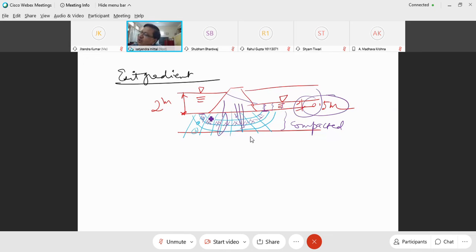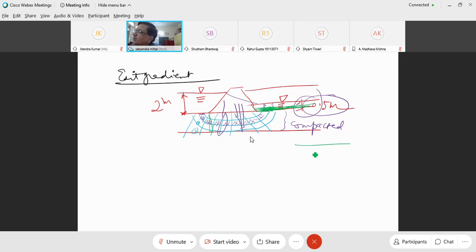So I provide a cutoff, just to kill the potential of water. Some uplift pressure is still there. Water may not stand here as a water column, but some uplift pressure shall be there. To counterbalance that, I provide a filter here.